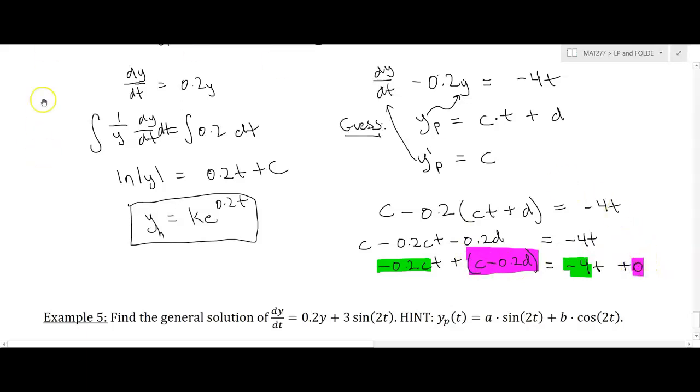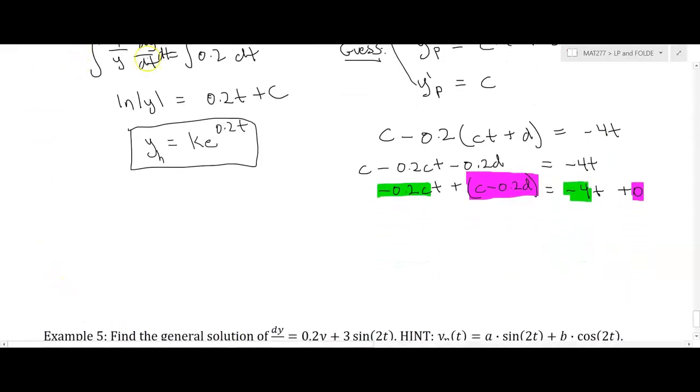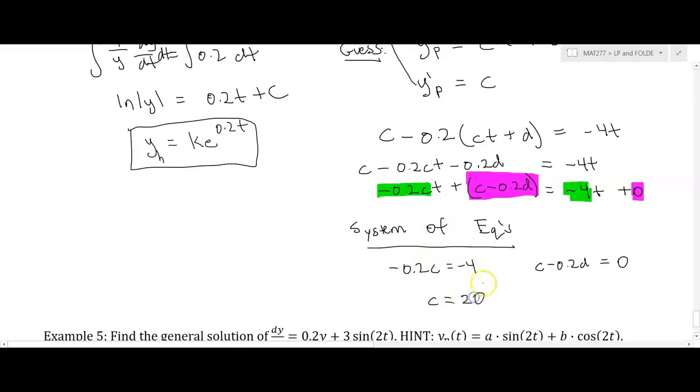So basically what this gives me is a system of equations that must be true: -0.2c has to equal -4, and it must also be the case that c minus 0.2d equals 0. Now this equation allows me to solve for c right away. If I divide both sides by -0.2, I will get 20 as the value of c.